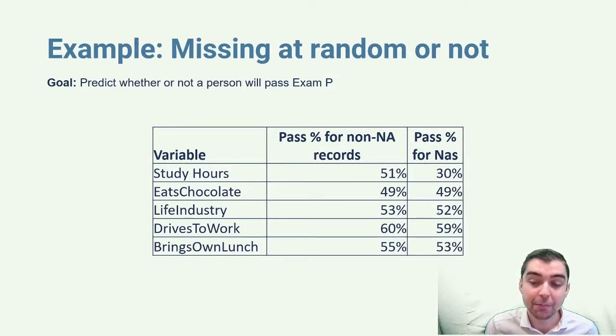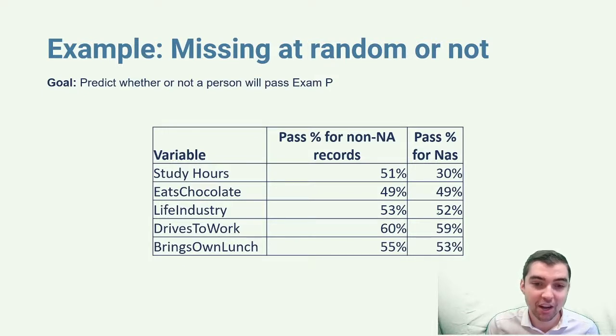You look at the percentage of people who pass for non-NA records and compare that to the percentage of pass which have missing values. You notice that 51% of the people who accurately record their study hours end up passing, whereas only 30% of people who don't record their study hours pass. You could conclude that study hours is not missing at random.